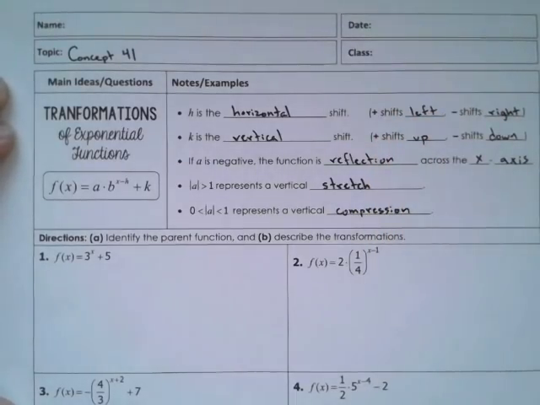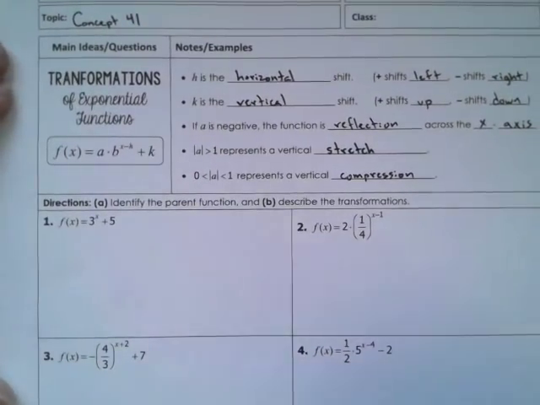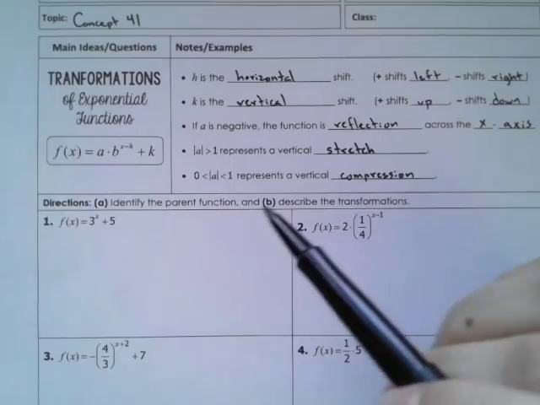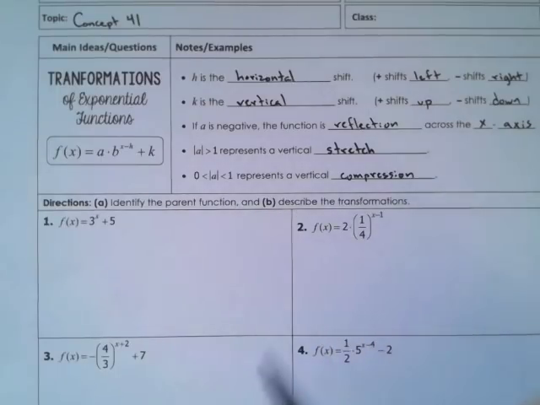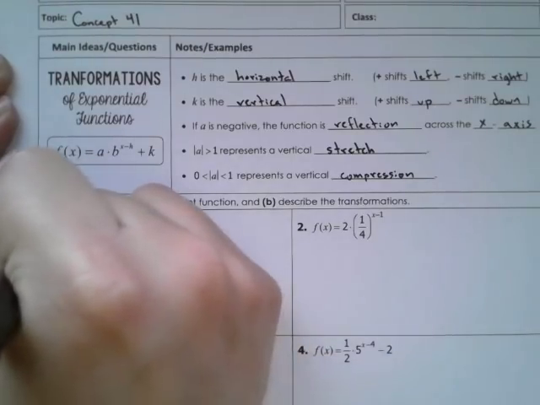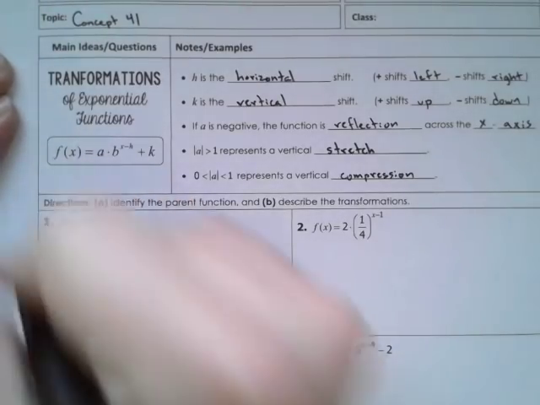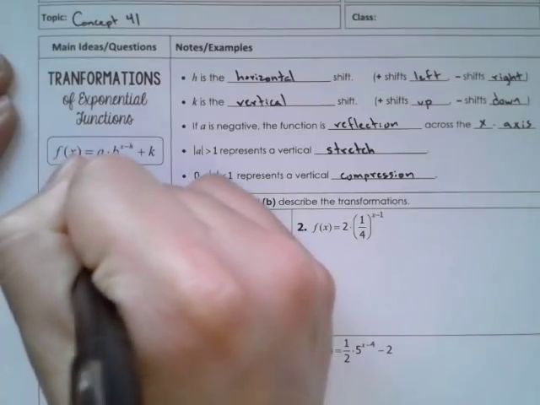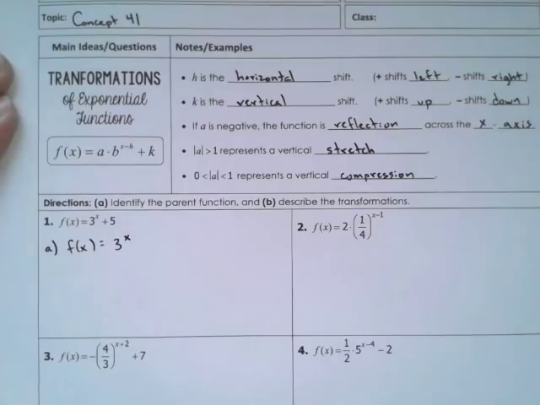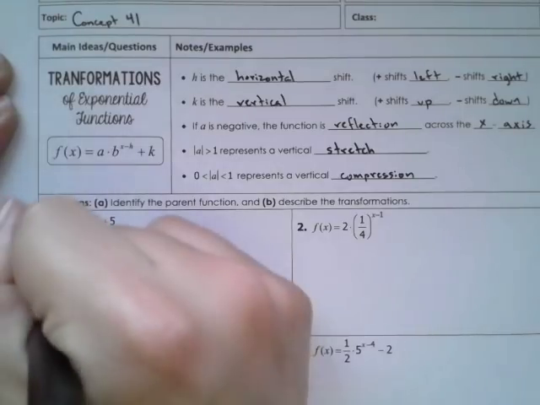Okay. For our examples here, it says directions A, identify the parent function, and B, describe the transformations. So number 1 says f of x is equal to 3 to the x plus 5. So for part A, the parent function here would be f of x is equal to the base, which is 3, to the x. And then describe the transformation.